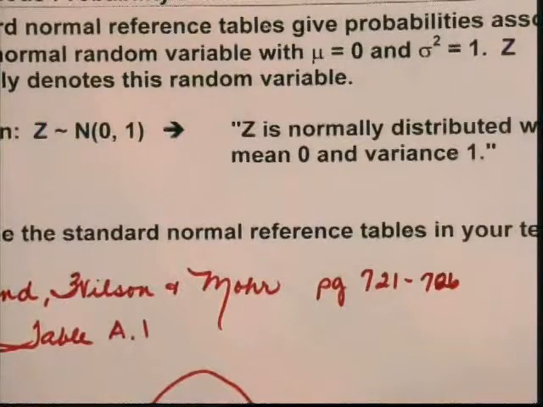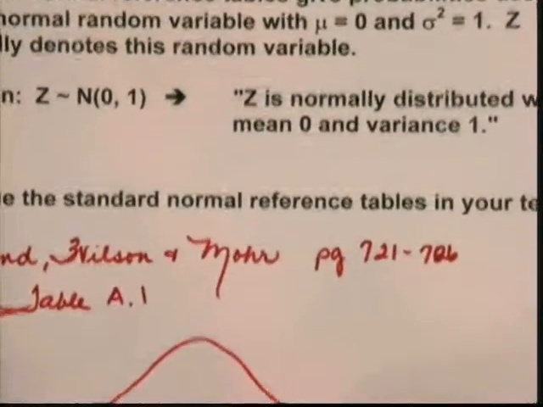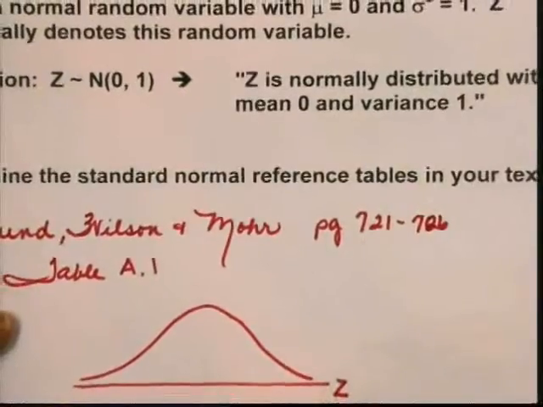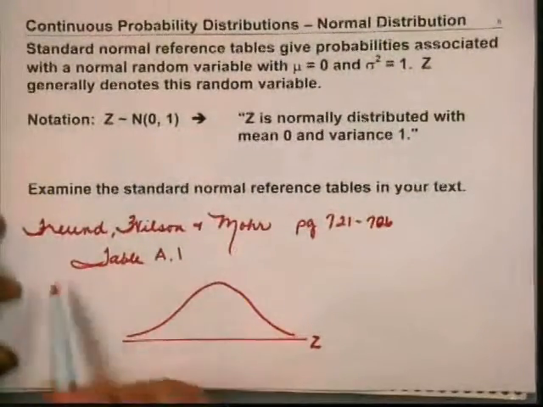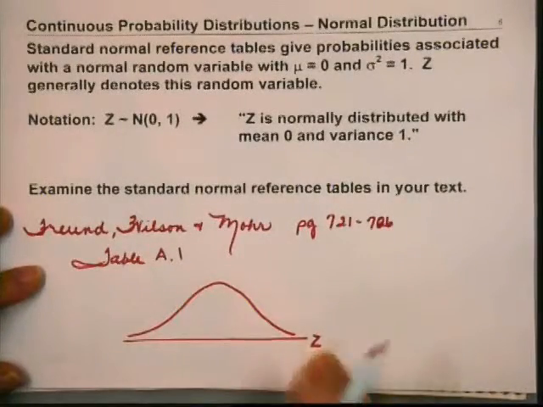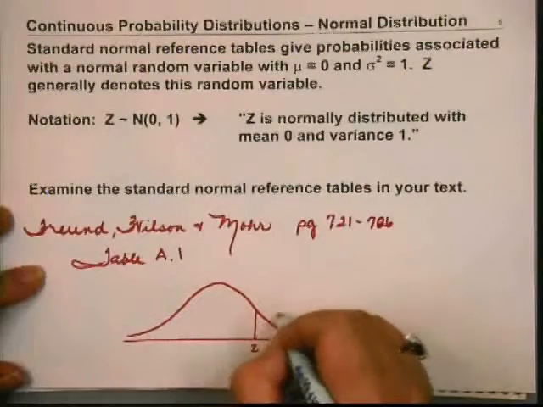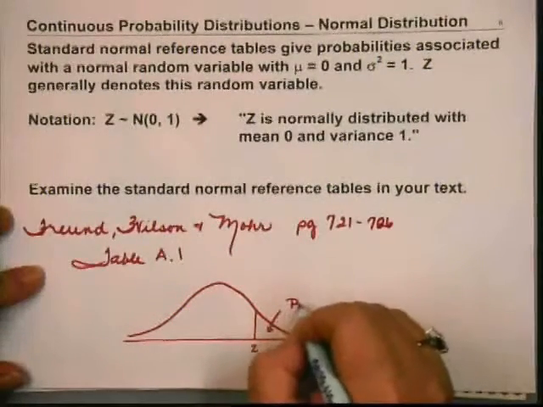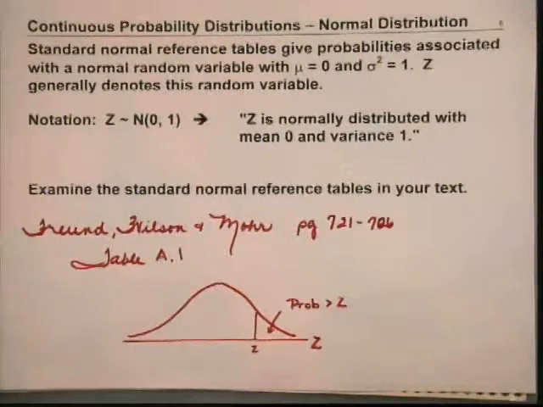Now, if at the top of page 721 you drew a picture like this, we're graphing z. All right, if you wanted to draw this like at the top of page 721, what it's giving you is a value for z here, and the probability greater than z is the right-hand area.